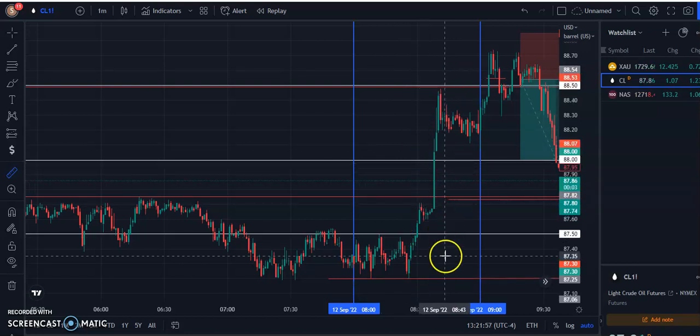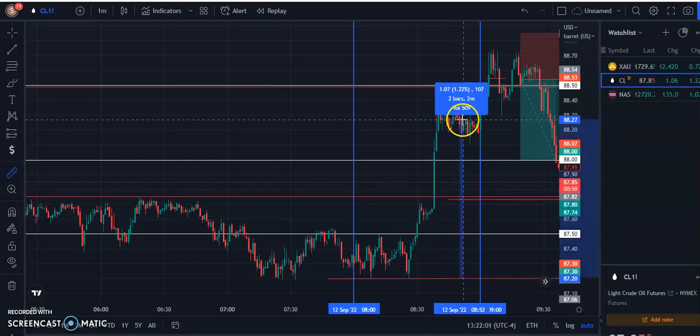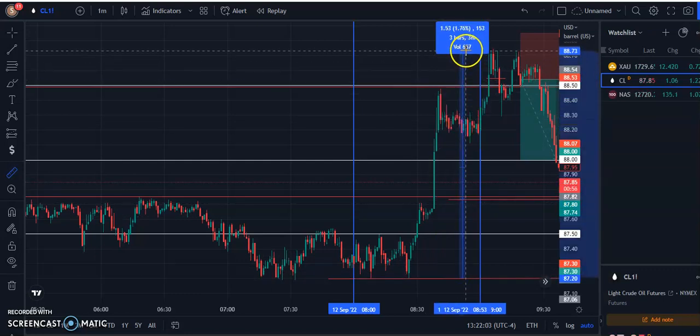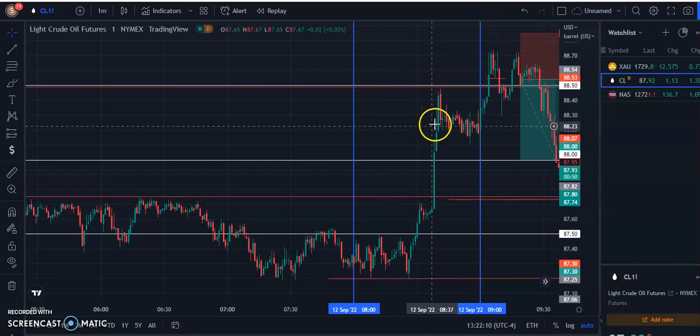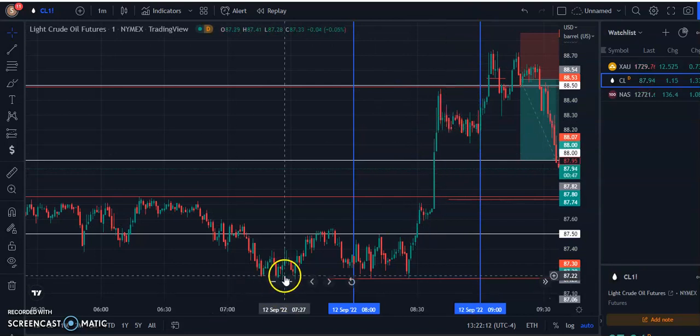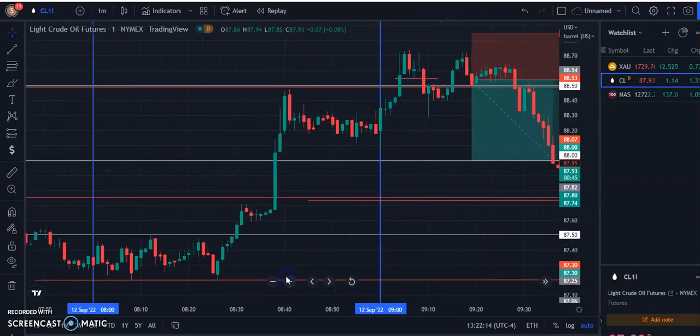And if we measure from the low of the day to the high of the day, you see it's 154 pips, about 150 pips. So that's 3 50-pip boxes. To me, that is a signal that we might be getting a reversal.